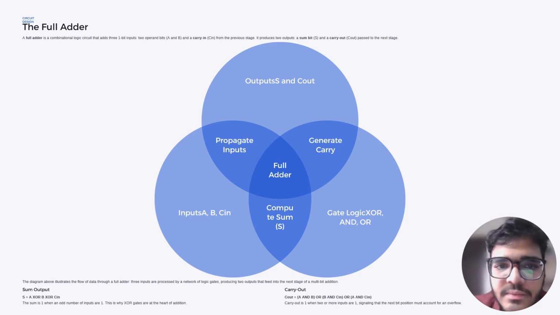A full adder adds three inputs: A, B, and a carry in. And it produces a sum and a carry out. Multiple full adders are connected to form a multi-bit adder. As I told you, inputs A, B, and C in. It adds three inputs in a full adder.